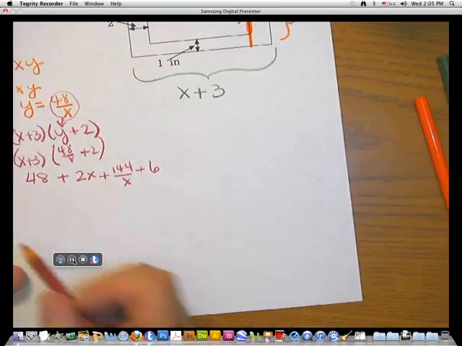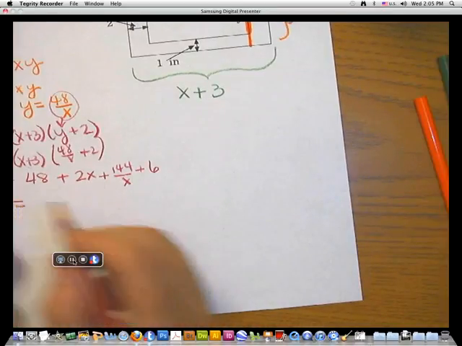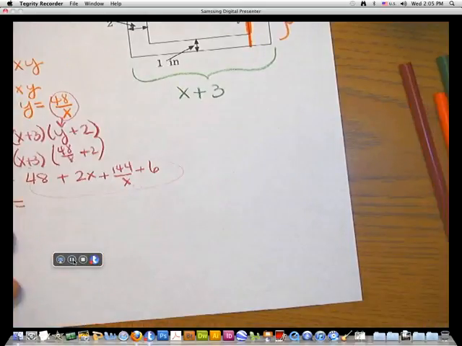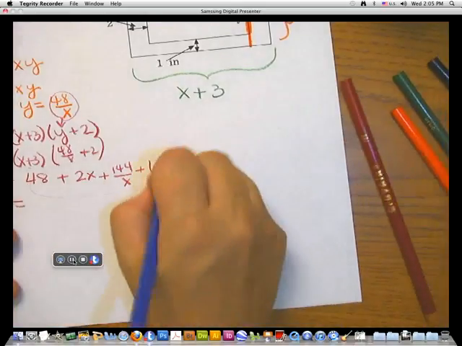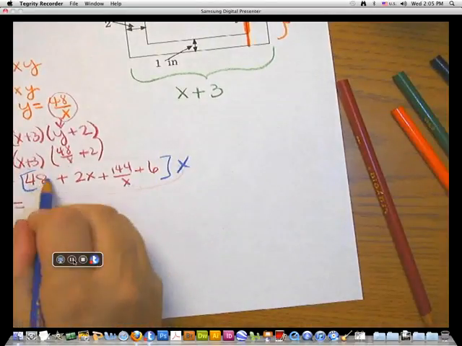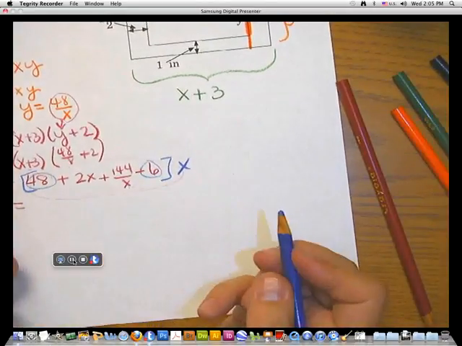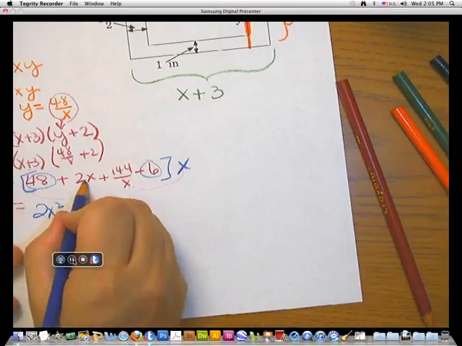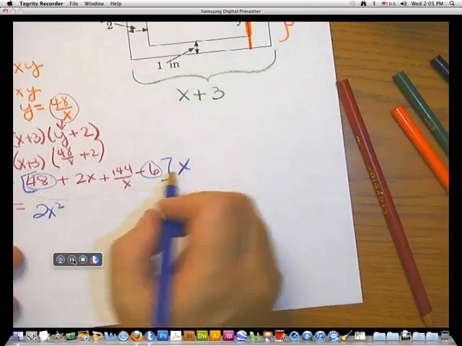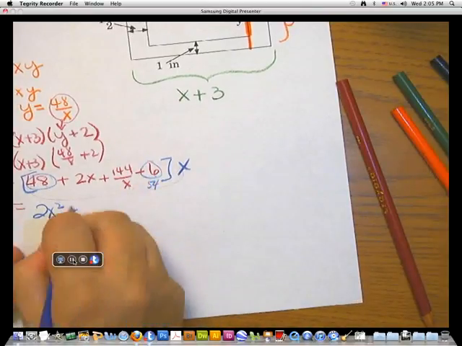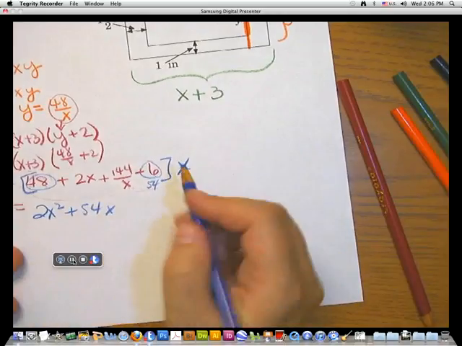Okay. We can now combine some like terms. When I combine like terms, I'm also going to get rid of that x. So I'm going to multiply everything by the x, so I get rid of that denominator. And then I'm going to combine the 48 and the 6. So here I'm going to get 2x squared, multiplied by x. When I multiply 48 and 6, I get 54. I get 54x.